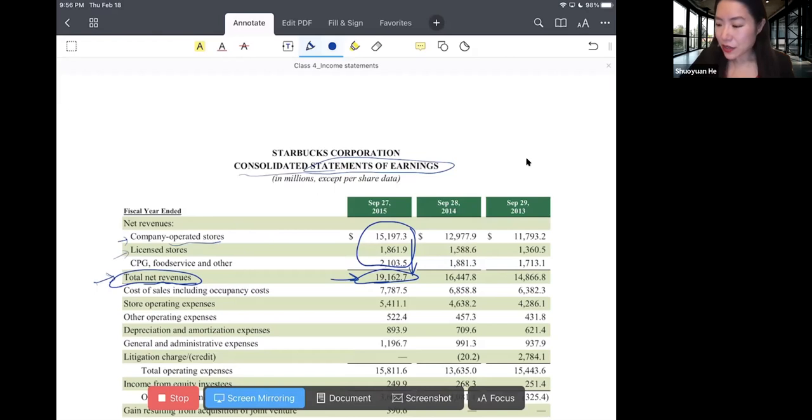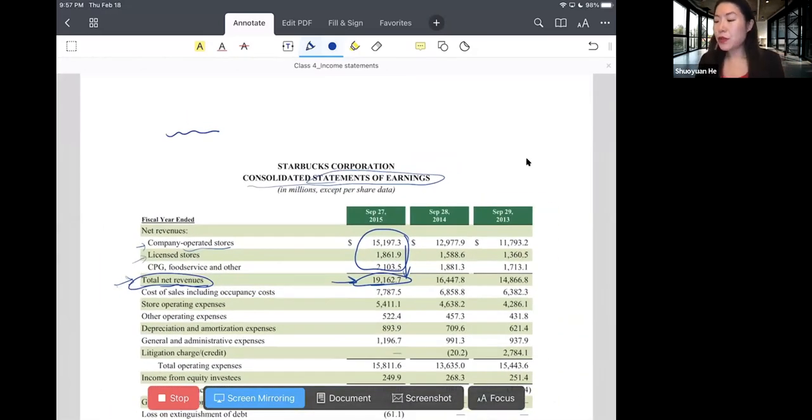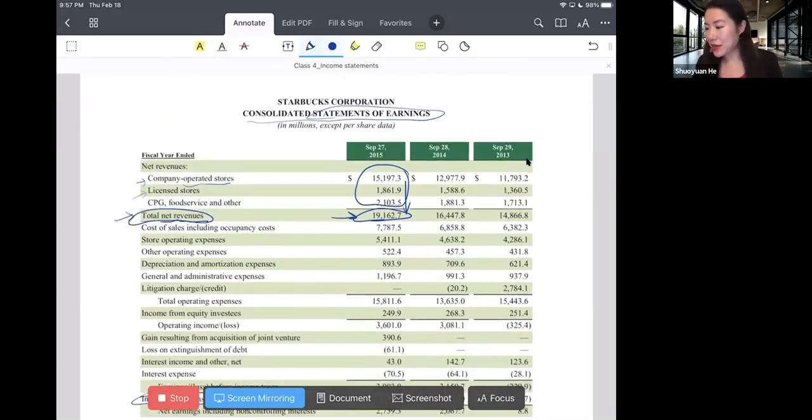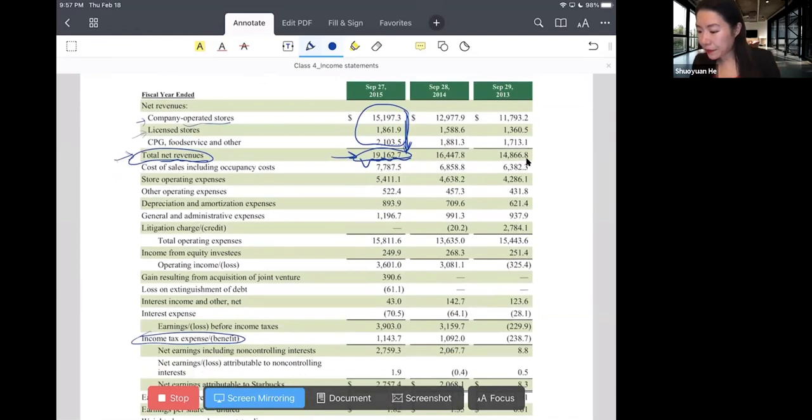If I use this to represent those numbers generated within the statement, as you can see, for Starbucks, total net revenue is generated within the income statement. It is adding up the previous three numbers. And then total operating expense.